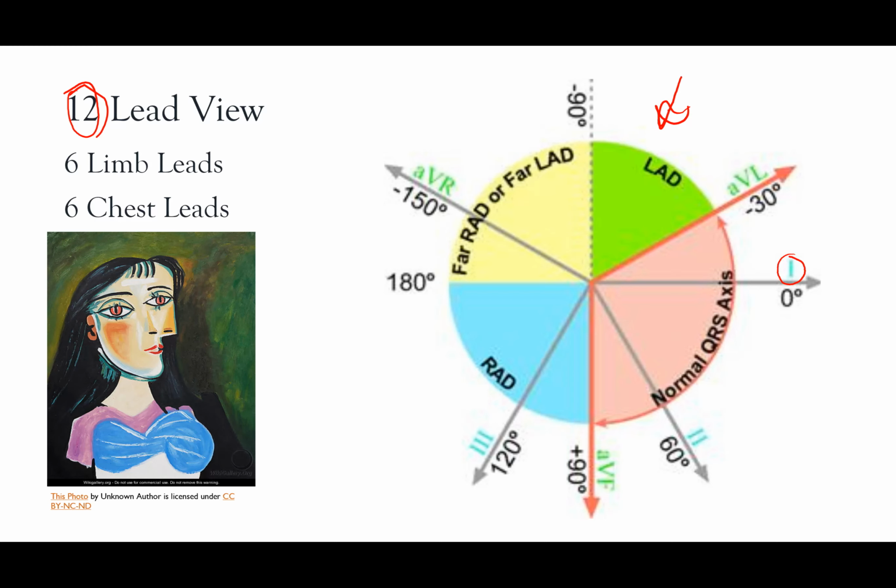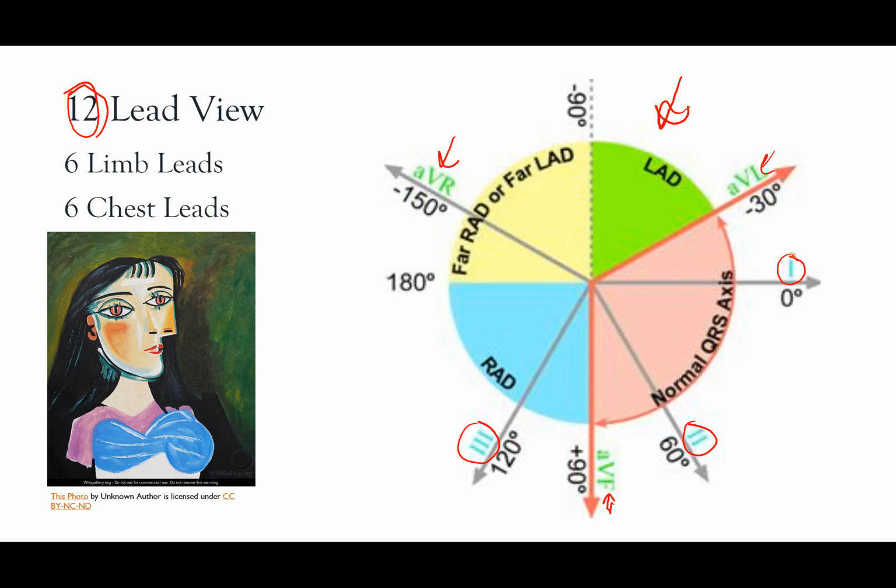So we have Roman numeral 1 and Roman numeral 2 and Roman numeral 3. So we call that lead 1, lead 2, and lead 3. You see the green ones are AVL, AVF, and AVR. So these are the 6 leads that come from the limb leads, from the right arm, right leg, left leg. We get these 6 views of the heart.